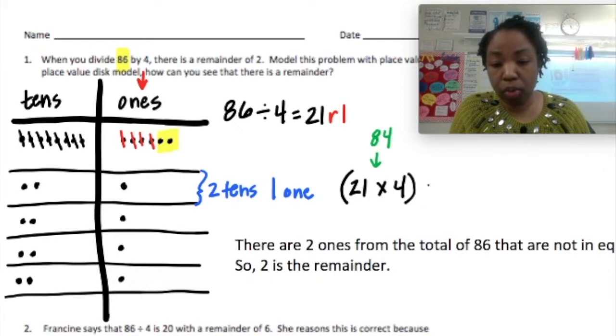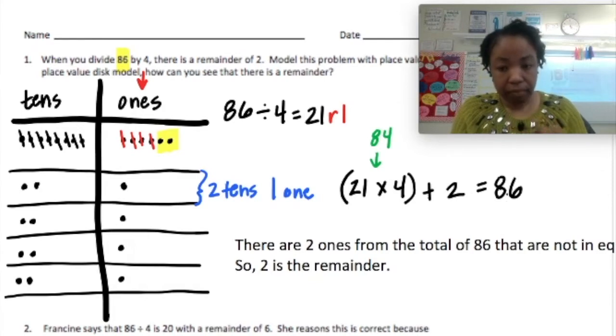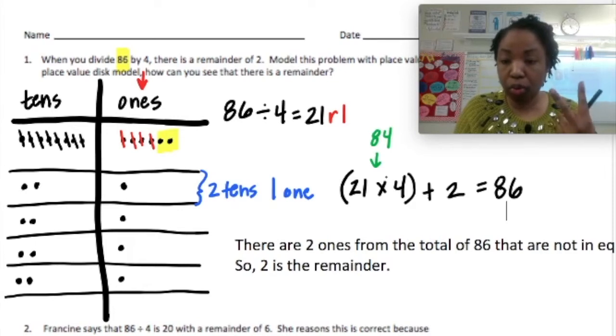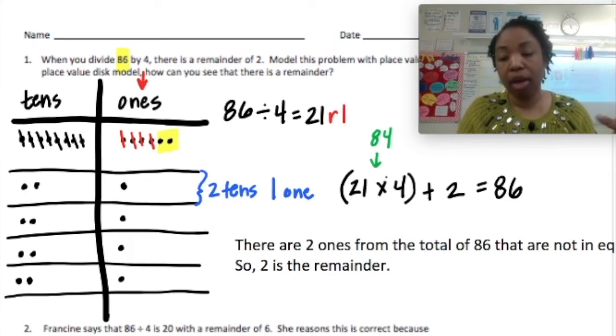There were 2 that we did not use from the total. 84 and 2 equals 86. So the 21 is the quotient, the 4 is the divisor, or the number of groups, the 2 is the remainder, that's what's left over, and the 86 is the total, the whole. In division, we call it the dividend.